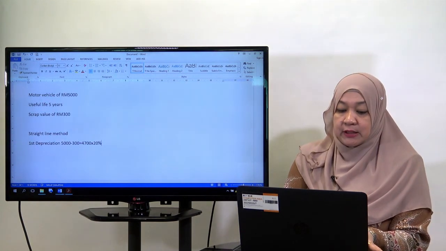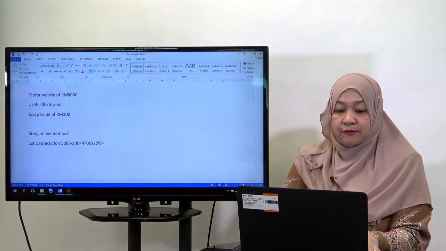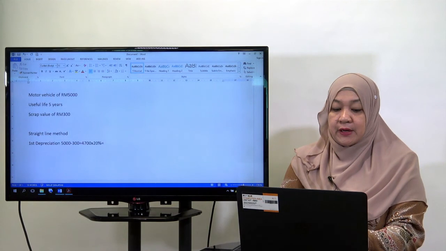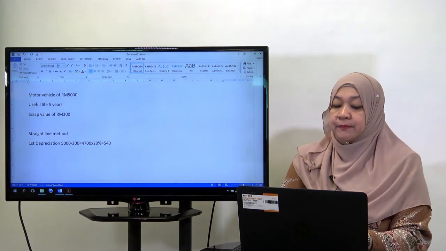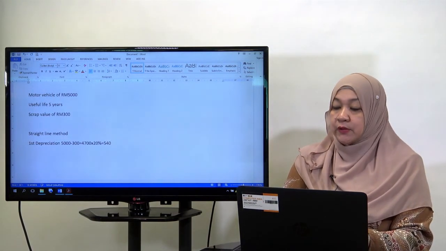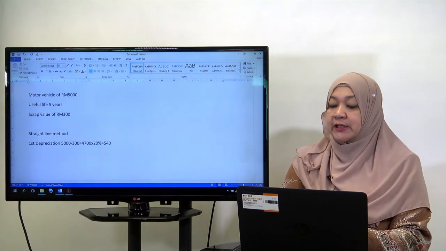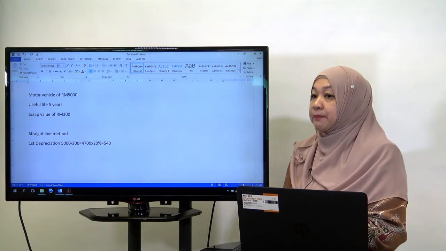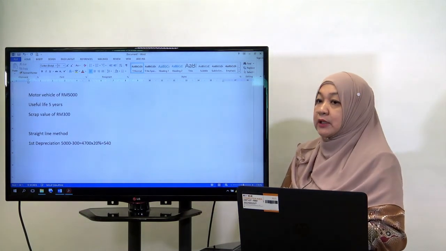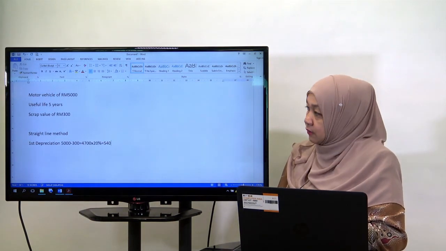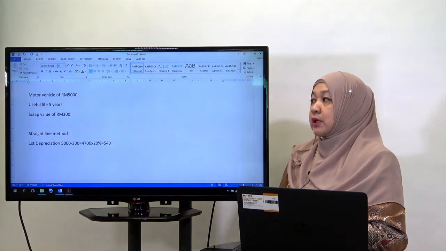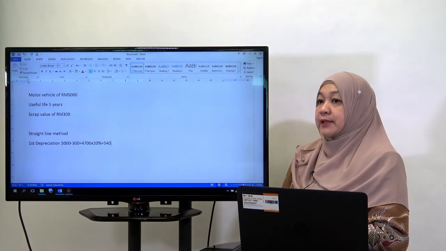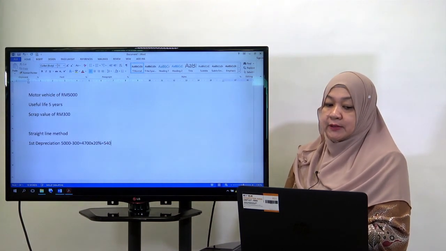Times 20%, the total depreciation charge for that period is 540. Okay, so you continue depreciating this amount until the total depreciation is equal to the depreciable amount of the non-current asset. Once that happens, it means your asset has been fully depreciated.